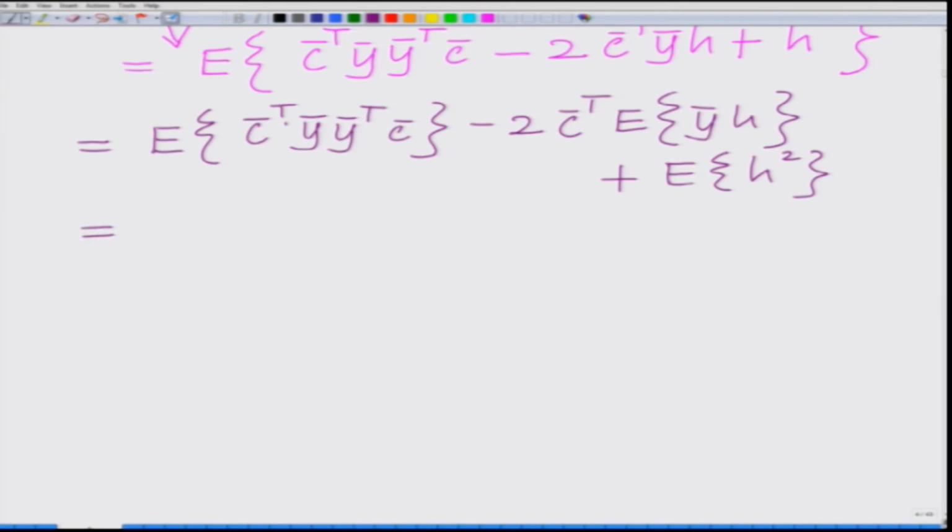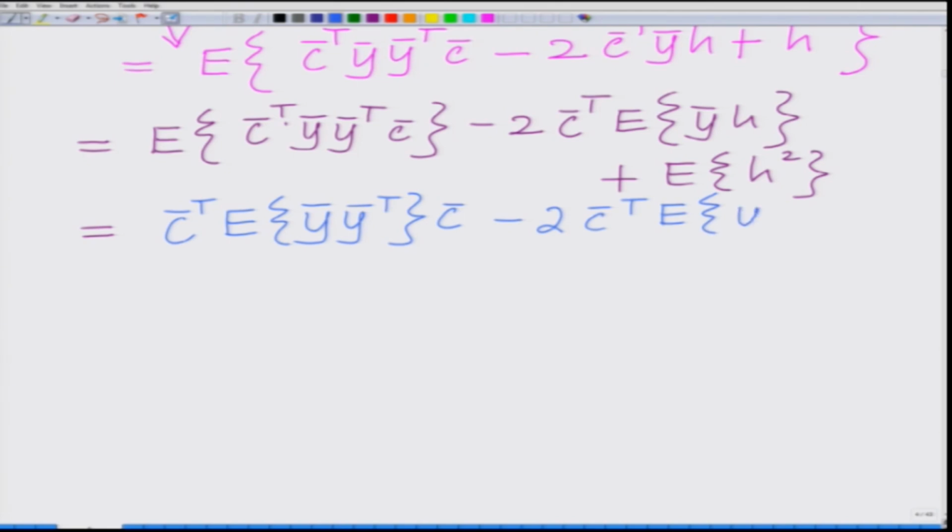Now we can further take this expectation operator inside. This is C bar transpose expected value of Y bar Y bar transpose C bar minus twice C bar transpose expected value of Y bar H plus expected value of H square.